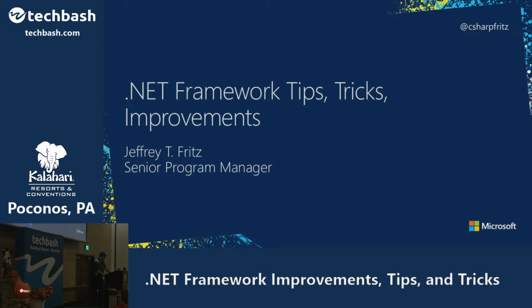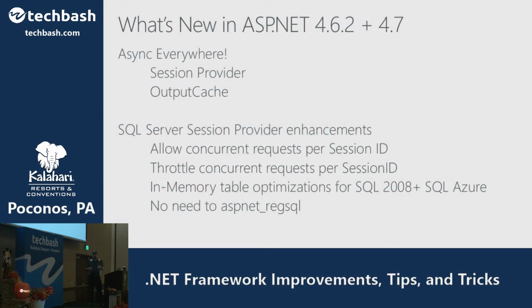All right. In 4.6.2 and 4.7, we introduced a number of features for ASP.NET that should make it easier for you to start to scale your application and for you to use session and output caching a little bit better. I'm not going to dig in and show you these features, but I want you to be aware of them.